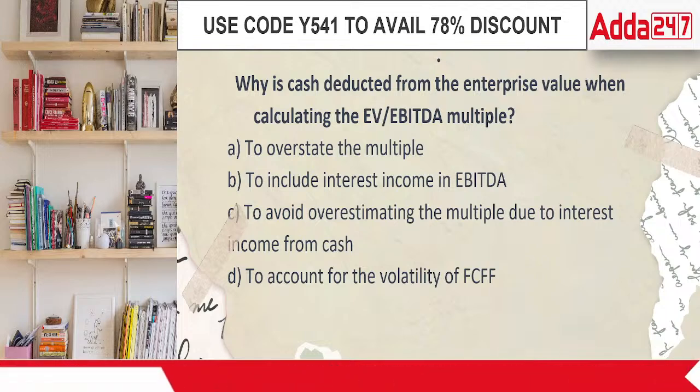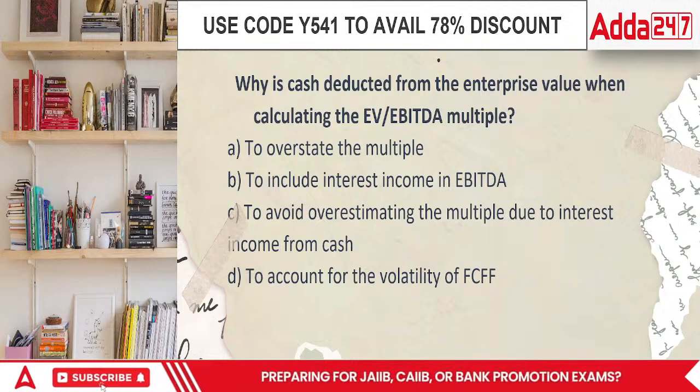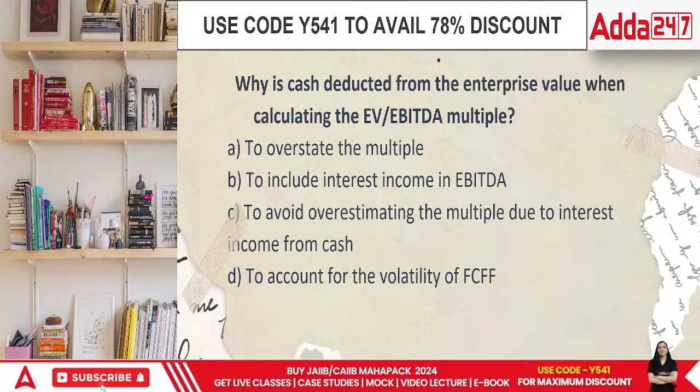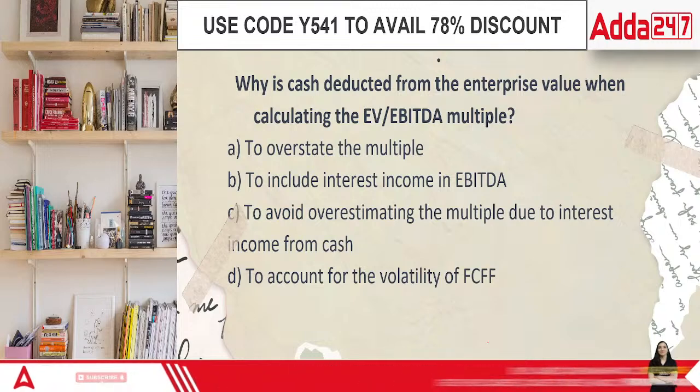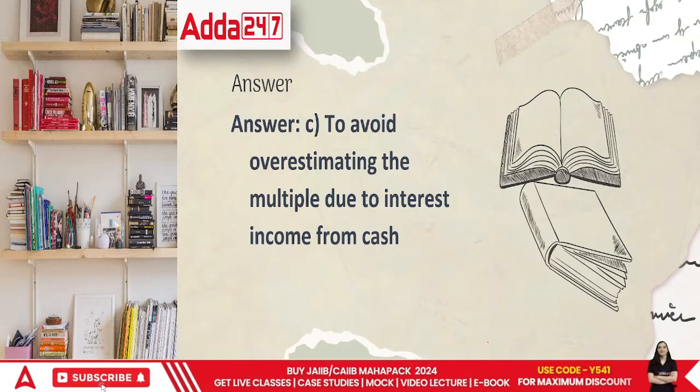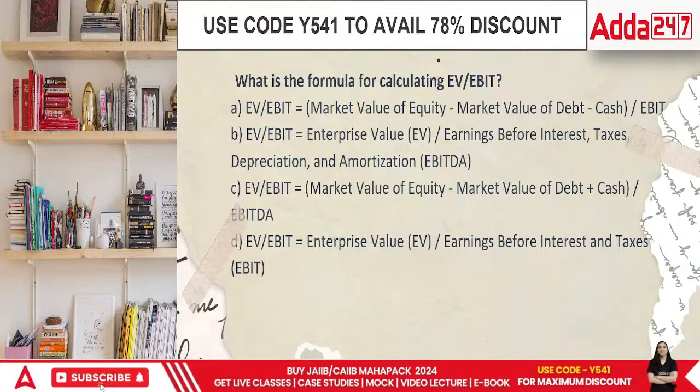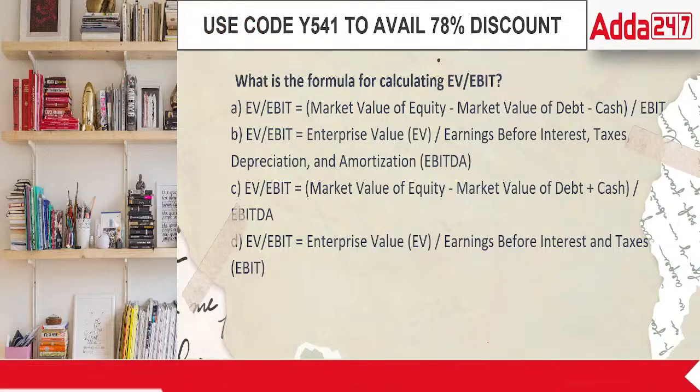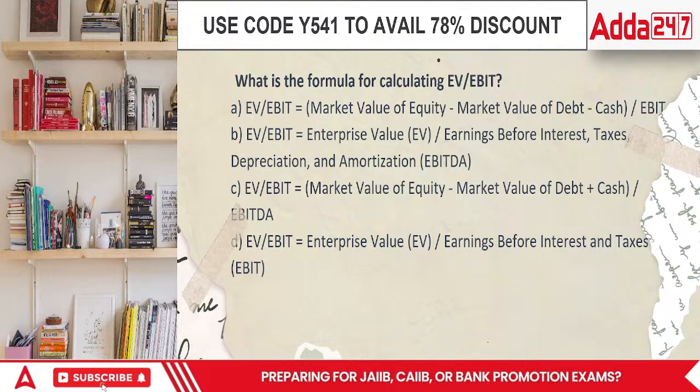If you deposit this money in the bank, it would multiply. So just to avoid this overstatement, we will go for C: to avoid overestimating the multiple due to interest income from cash.